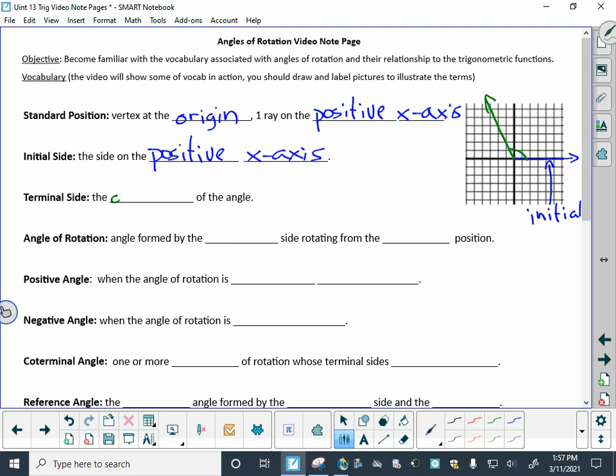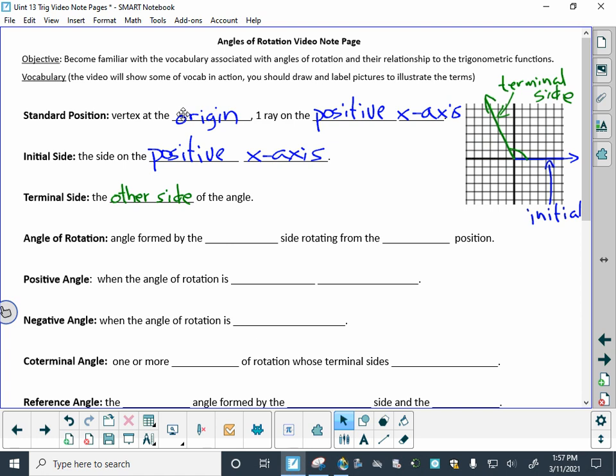That's the other side, or the other ray, of the angle. This is our terminal side. All right, so this is an angle in its standard position.